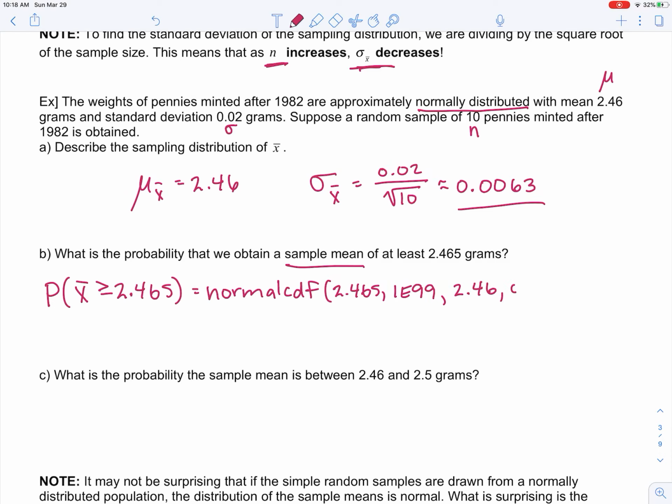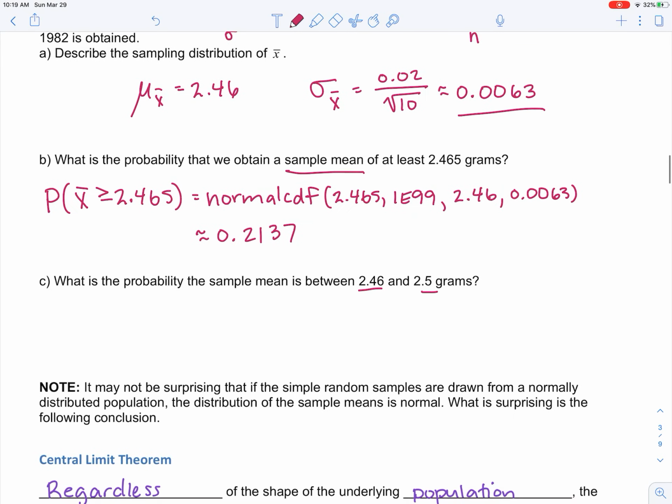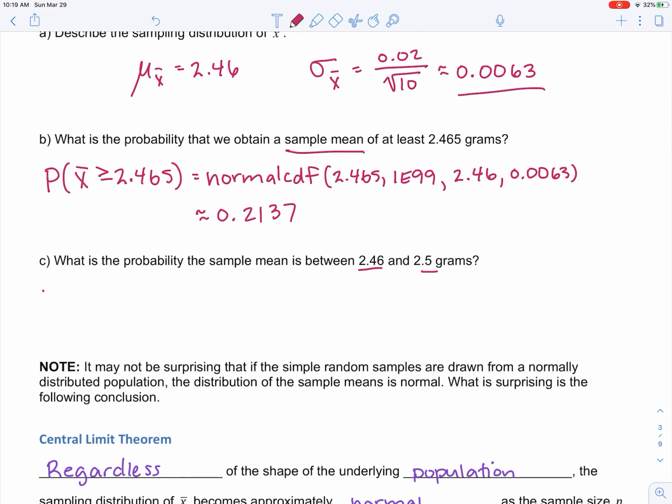The mean we wrote above is 2.46, and the standard deviation is 0.0063. So put this in a calculator. Normal CDF 2.465, comma 1e99, comma 2.46, comma 0.0063. Okay, we get approximately 0.2137.